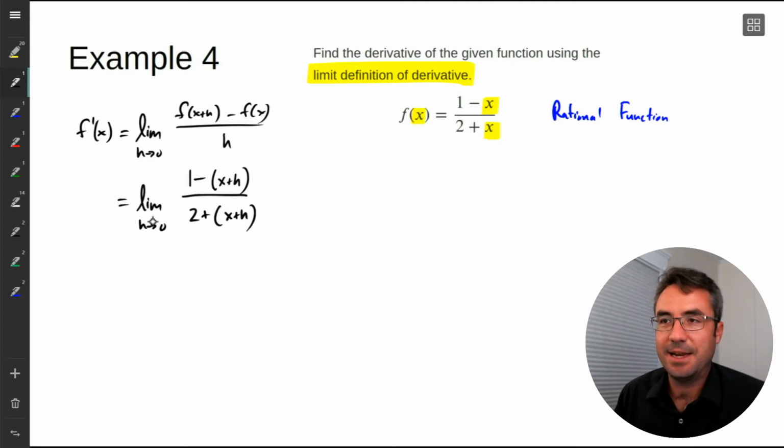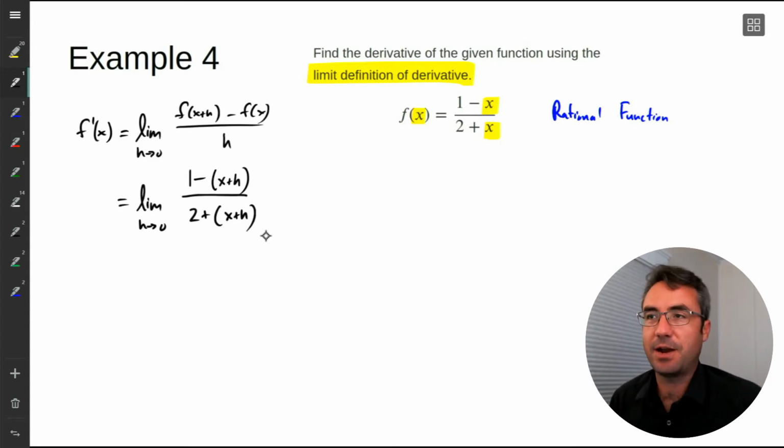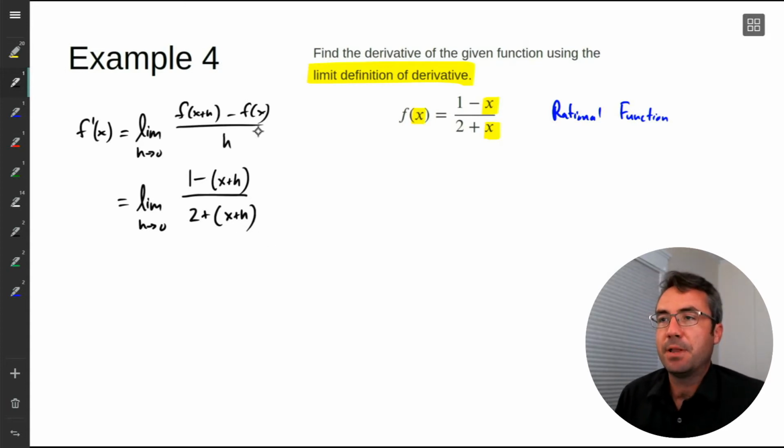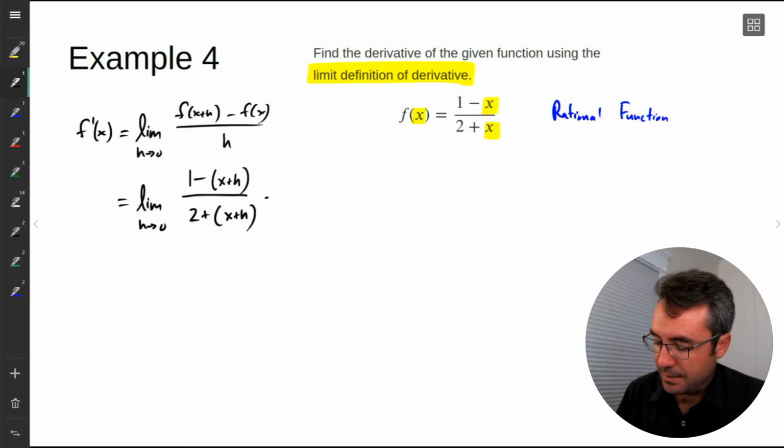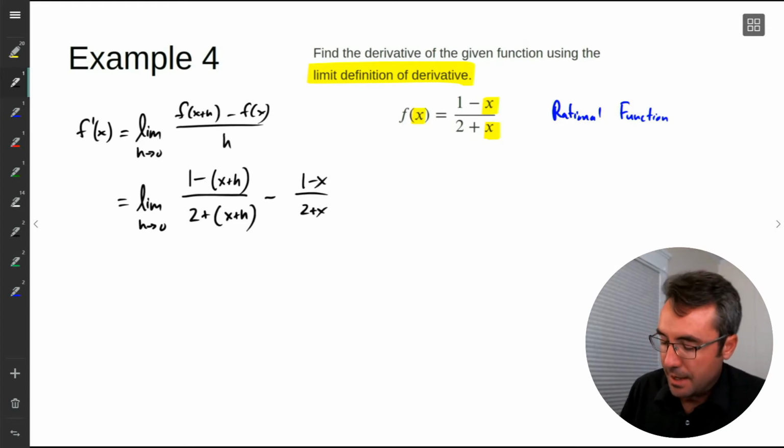And I put the limit sign up too high, because this thing's going to be fractions on top of fractions here. But let's throw in our original function as well. So we're going to have subtraction and then just our original function, 1 minus x over 2 plus x. And then this is all going to be over h.